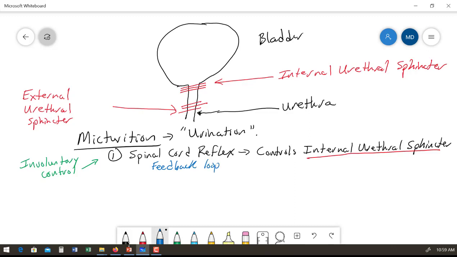So let's say here there's a feedback loop that goes from the bladder and the base of the bladder. Essentially down here, if you remember, there's a region at the base of the bladder called the trigone. And in this region there are stretch receptors. What happens here, and I'm going to list this under number 1 down here, is as the urinary bladder fills, it triggers these stretch receptors.